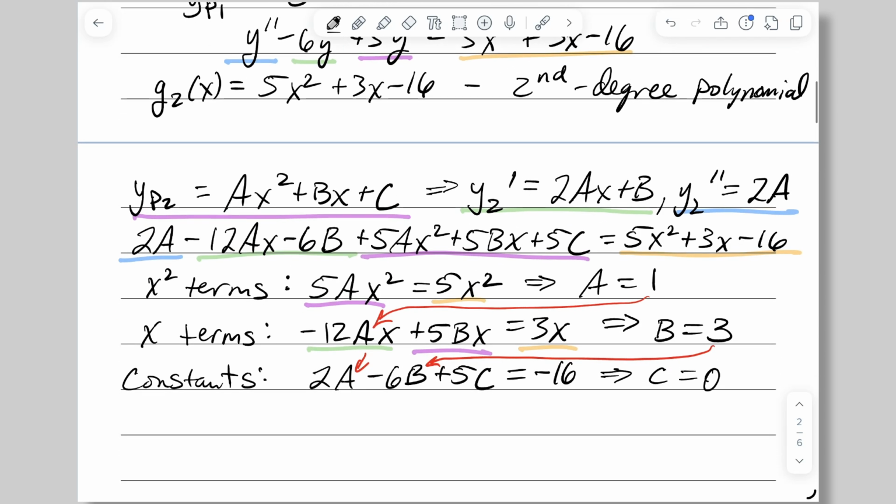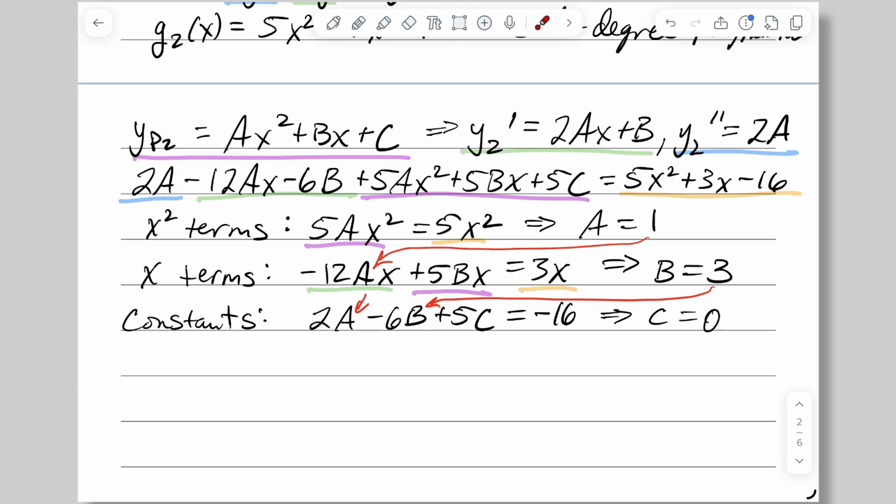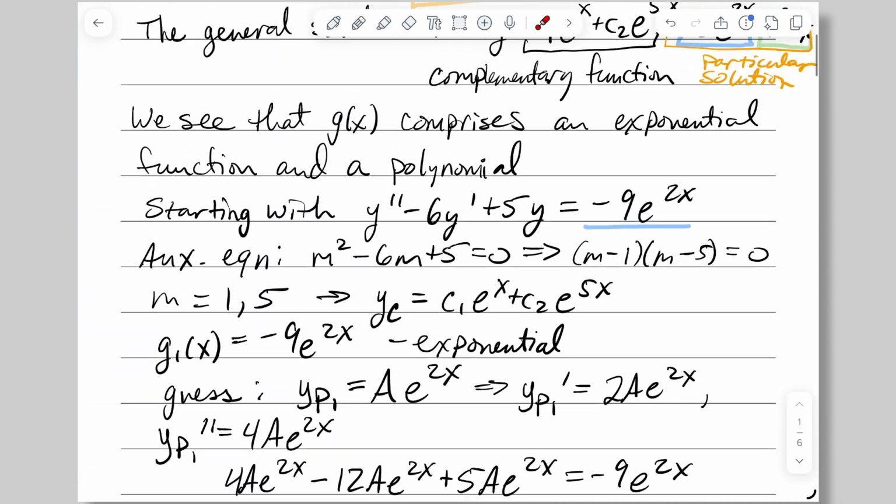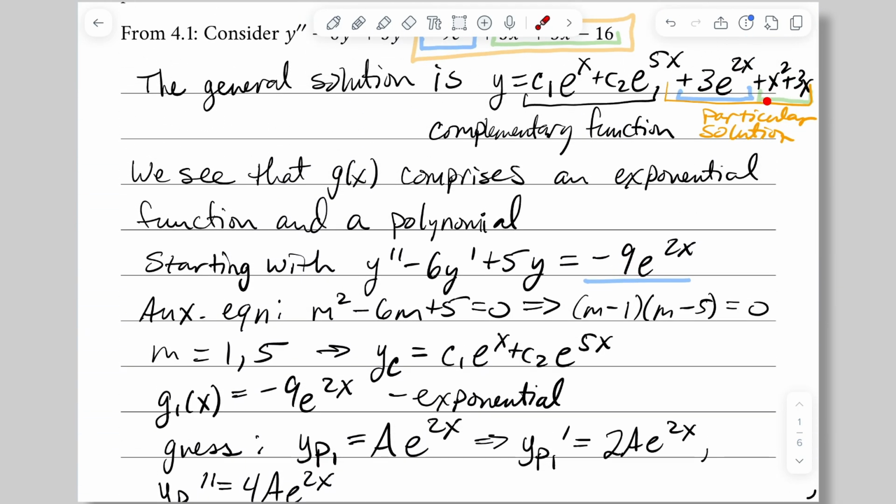The form of our yp2 in this case was ax squared plus bx plus c, and we found that a is 1, so x squared, b is 3, so plus 3x, and c is equal to 0, and that's where this x squared plus 3x came from that we saw earlier.